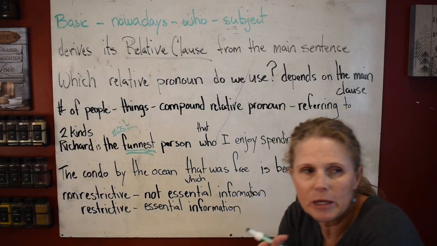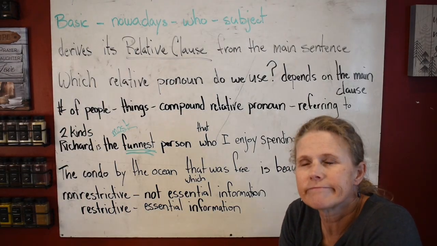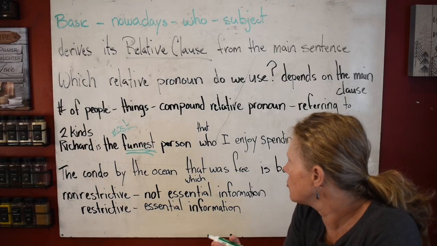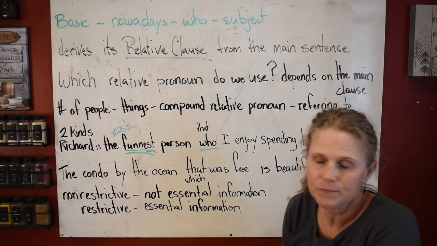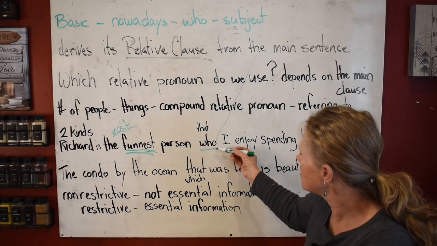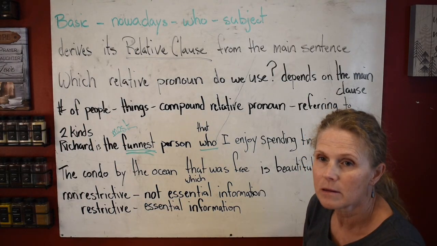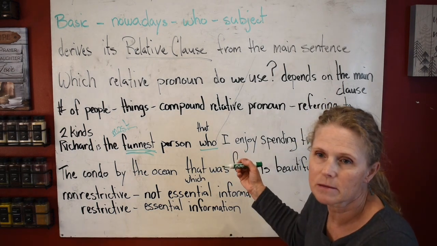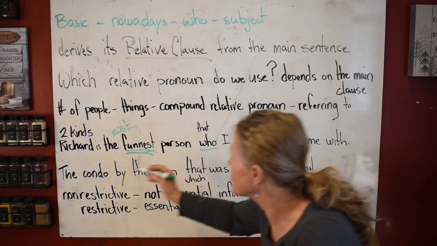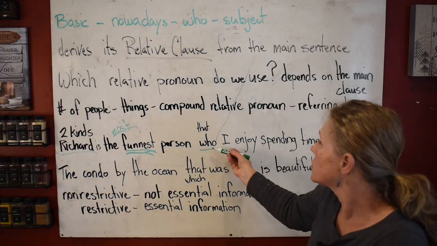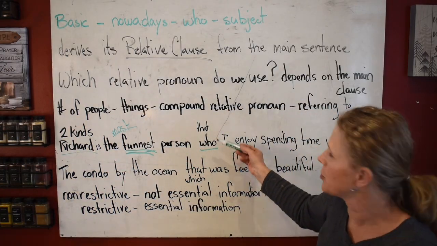Now this is where people can get a little bit judgy on how you're going to do your relative pronoun. Now, who is relating back to, who is replacing? What is who replacing? No, it's Richard. Who is replacing Richard. So is Richard a person? Yes, so I used the word who.